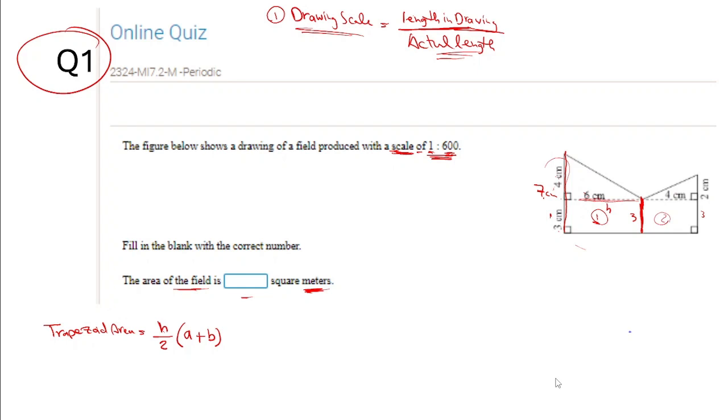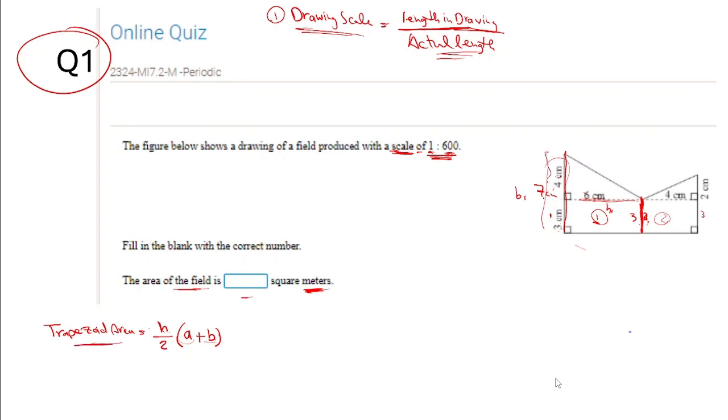Let's call it h1 because this is trapezoid 1. A is one of the sides of the trapezoid, so this is A1. B is the base of the trapezoid. This is the B. So let's get the actual length of these three sides, then we will get the trapezoid area.